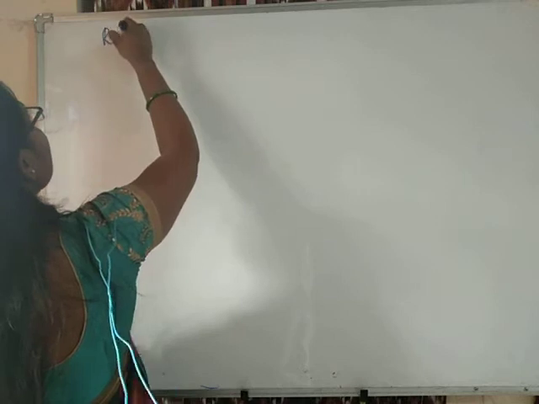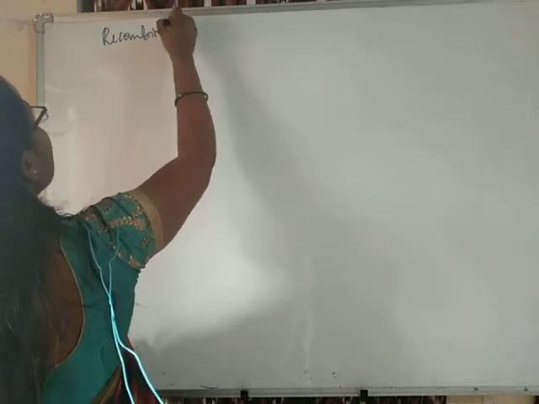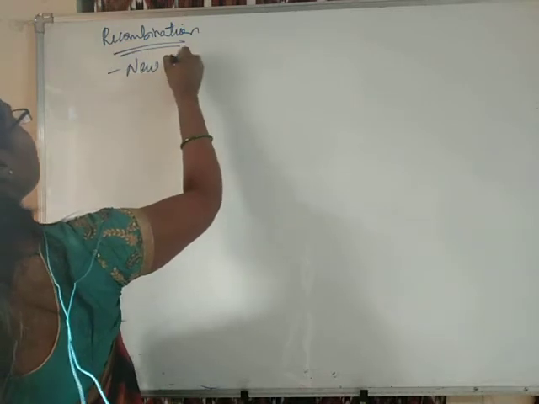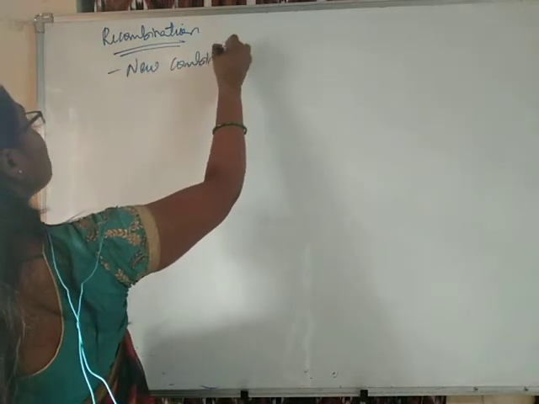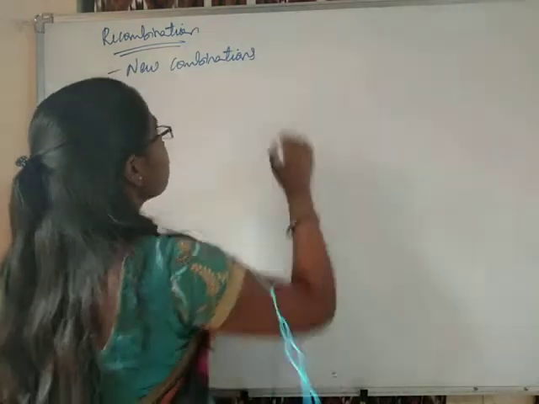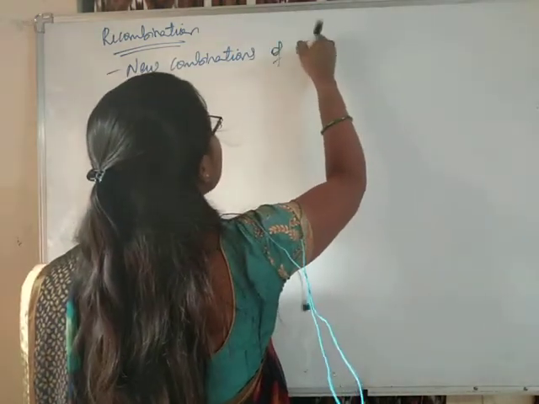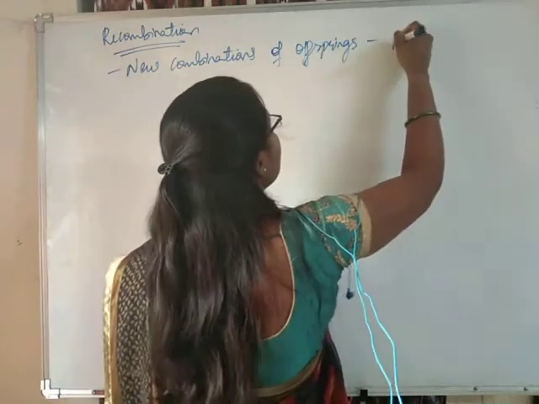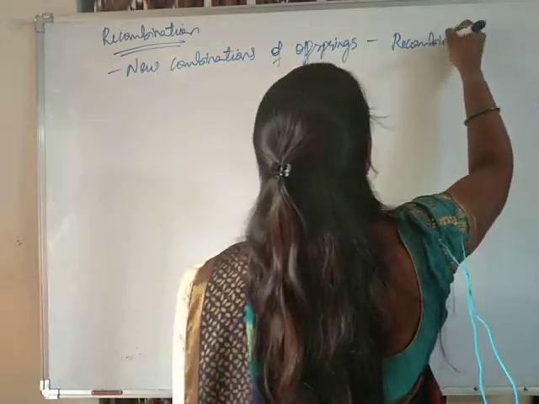Then we have recombinations. Recombination is nothing but new combinations from the parent type. New combinations in the offspring are due to recombination.